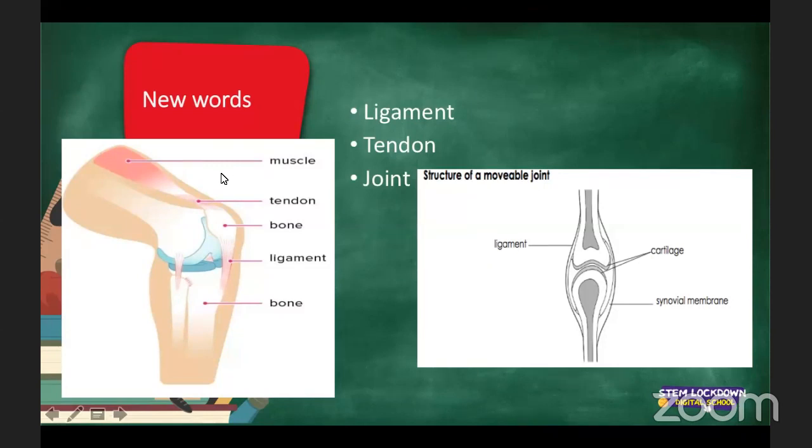And as we go through our lesson, you are going to learn about muscles as well, and all the other things that are on this slide. Okay, good.